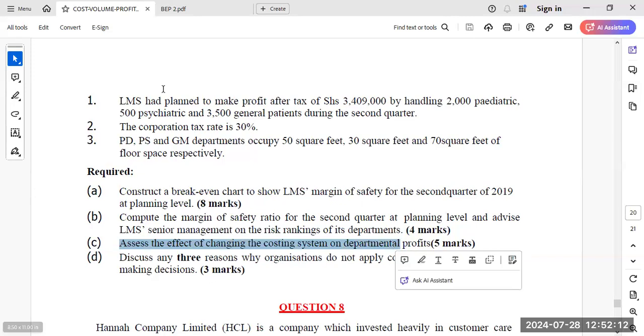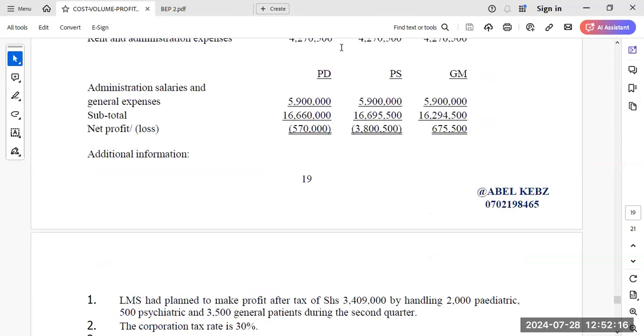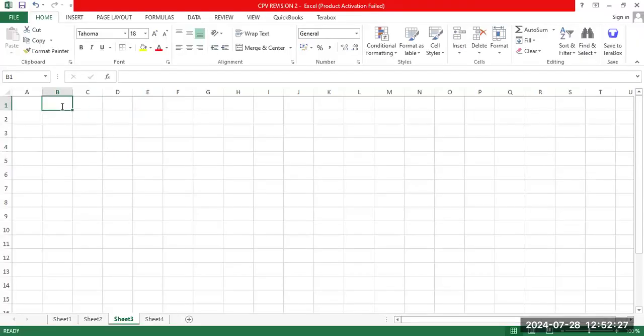So how do you interpret the question? This is question 7.